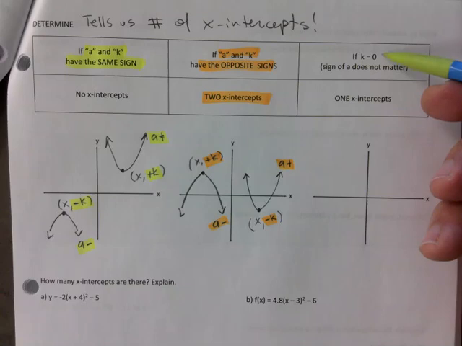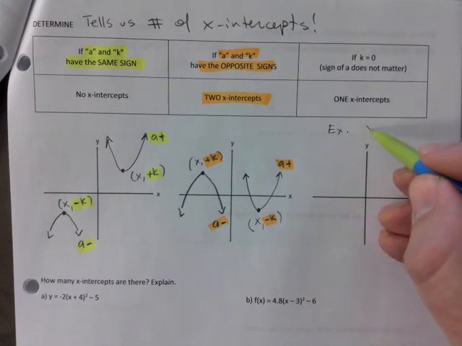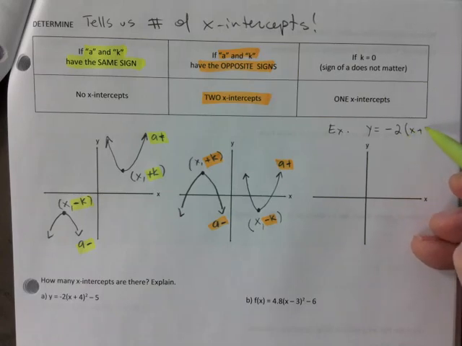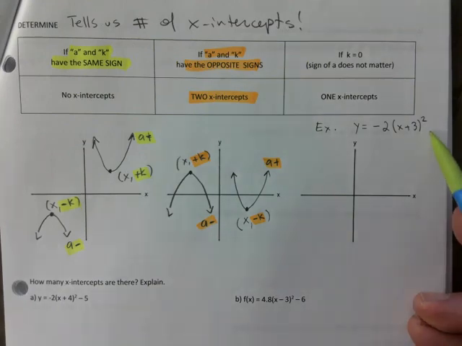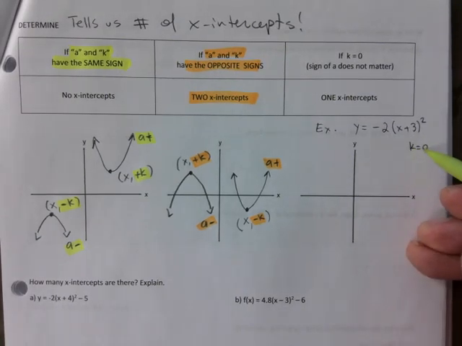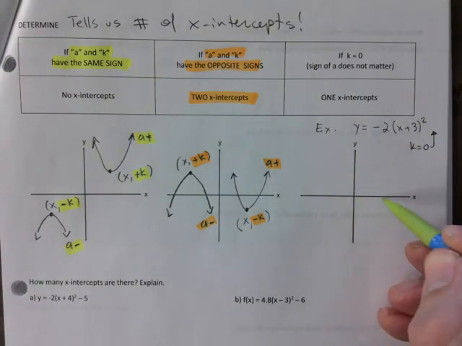And if K is equal to 0, sign doesn't matter. You're going to have one x-intercept. I'm just going to give you a quick example. Let's say you have negative 2(x plus 3) squared. Can you tell that k is 0 here? It's technically right where my pencil is hovering, right? But it's not there, so k is equal to 0. That means that you're right on the x-axis.